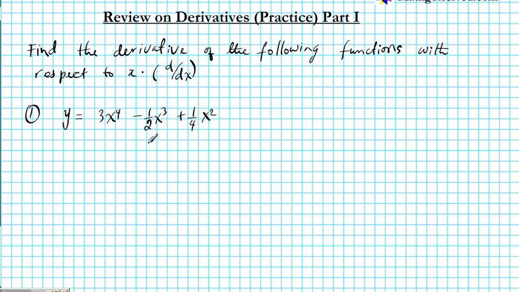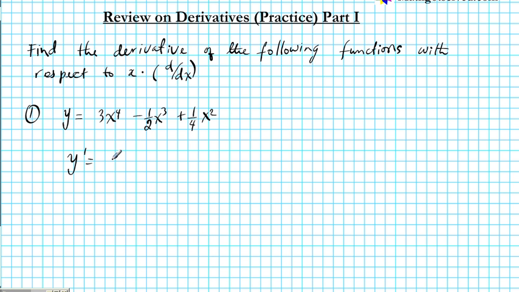All right. So let's go ahead and look for the derivative. I'm going to use prime as my notation of choice here because it's much more convenient to write over and over again.